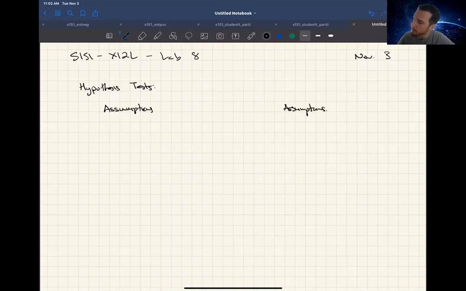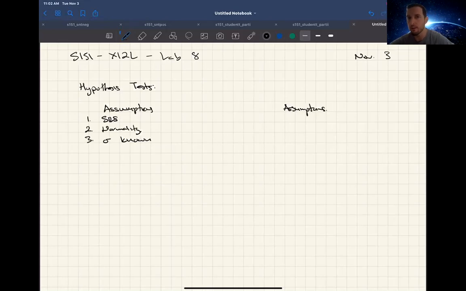In one case we have a simple random sample, normality, and sigma known. This is going to lead us down the path of a Z-score for the test statistic.